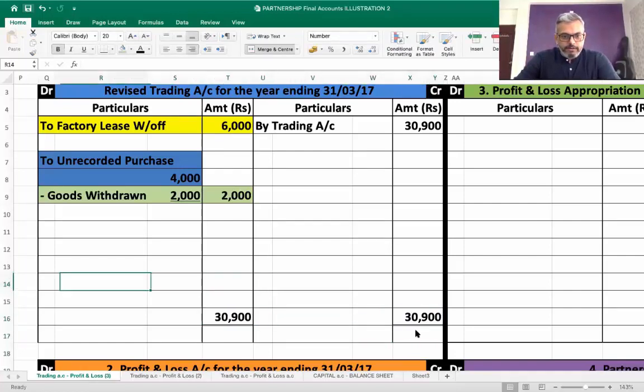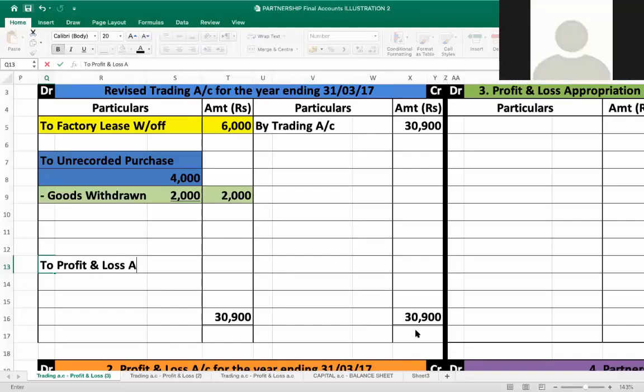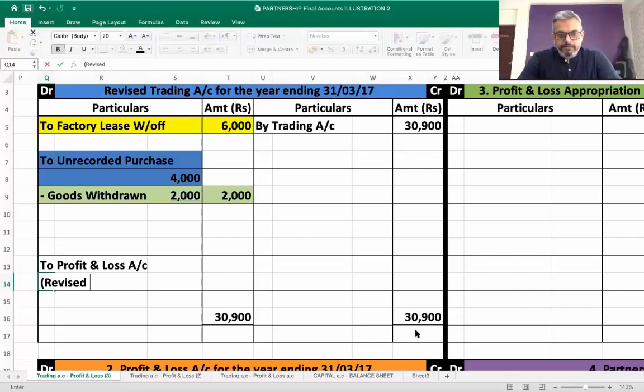Now over here we have revised gross profit, which will be transferred to profit and loss account. So in the bracket you write revised gross profit is equal to 30,900 minus 6,000 minus 2,000.